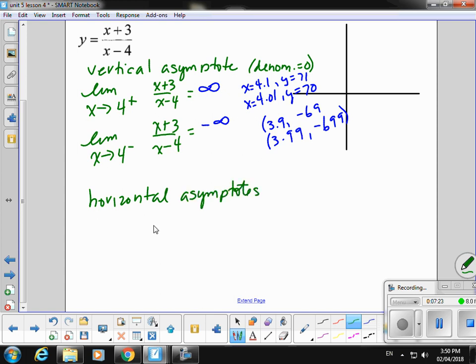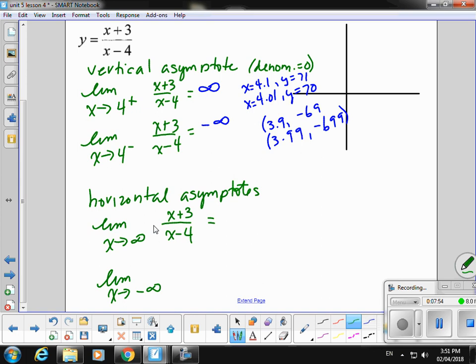I am looking at x approaching infinity and x approaching negative infinity. Well, that's just a little bit trickier. As x gets really, really big, x plus 3 and x minus 4 really don't have much distance between them.